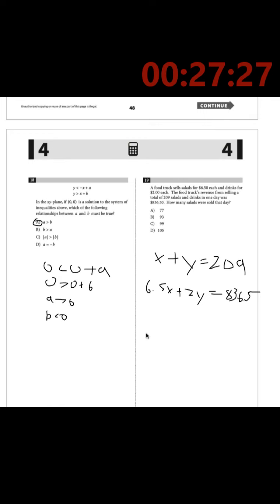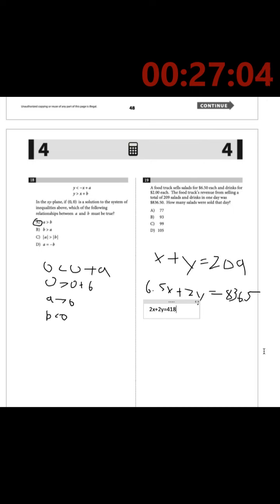Now, if you multiply the entire first equation by 2, you would get 2x plus 2y equals 418.